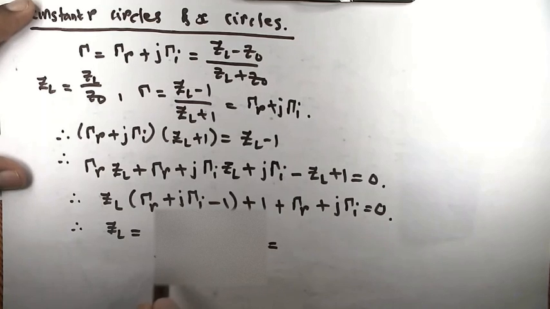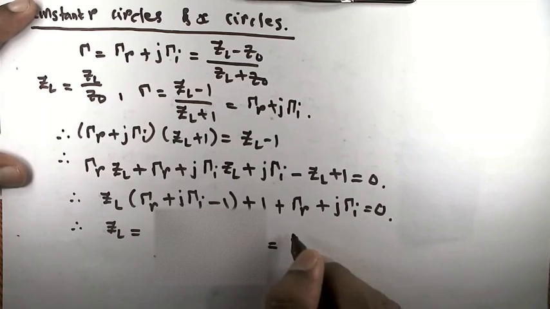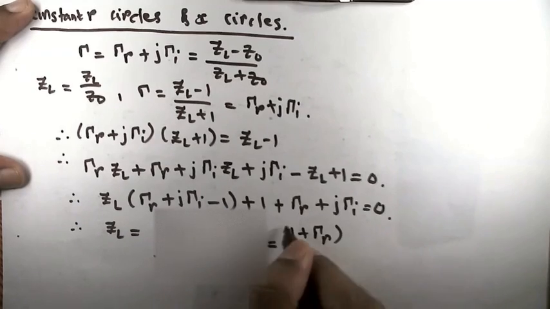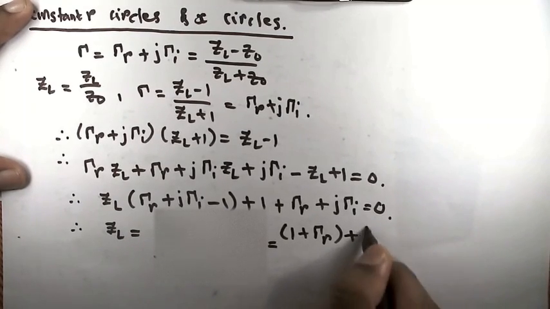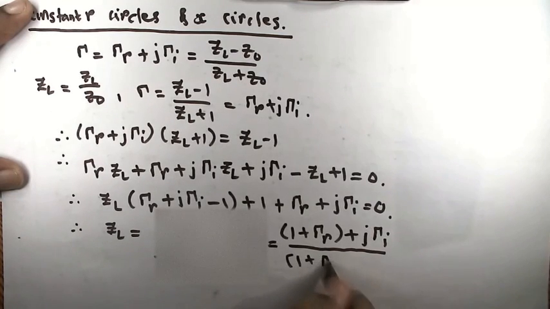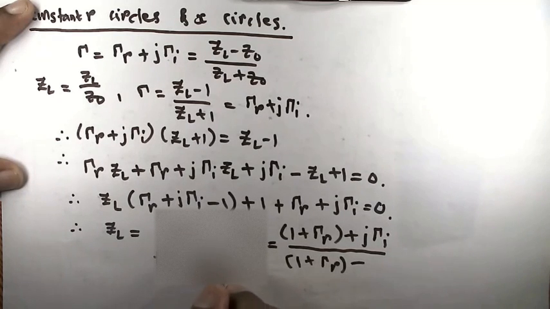Let me take the minus out, and here also we will take the minus sign out. So the expression will become 1 plus sigma r plus j times sigma I equal to 1 plus sigma r minus j times sigma I. Here it should be plus, so here you will get the minus.